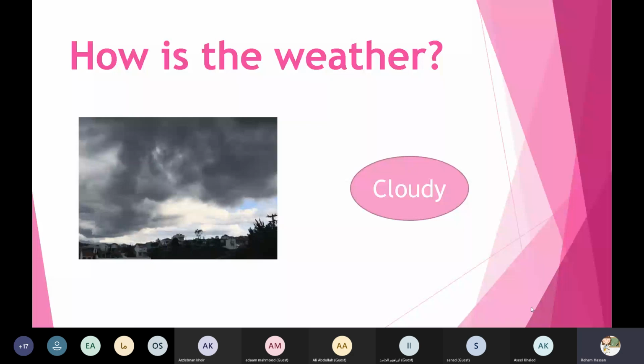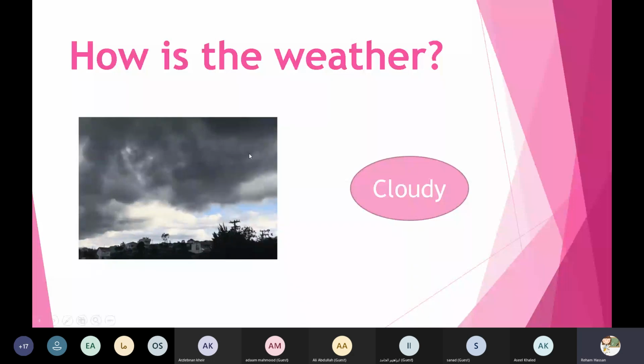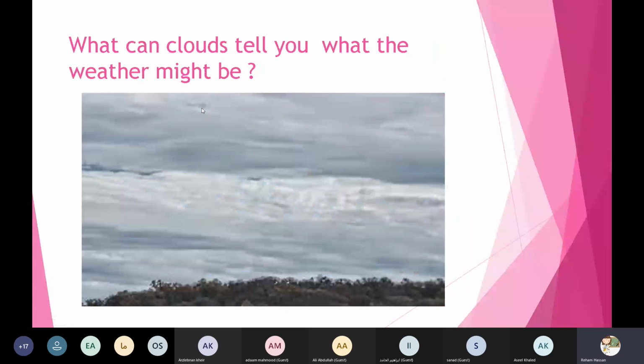But what can the clouds tell you about what the weather might be? If we look at the sky and see it's cloudy today, what might the weather be? Who says rain?